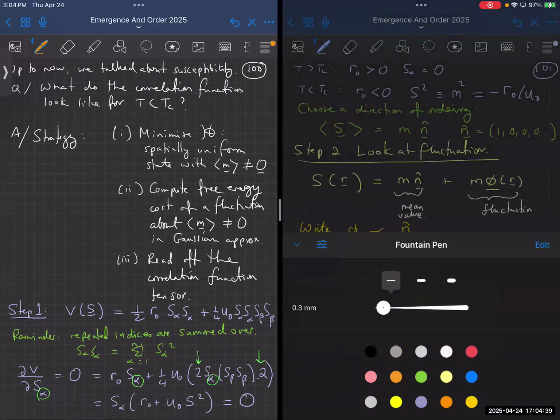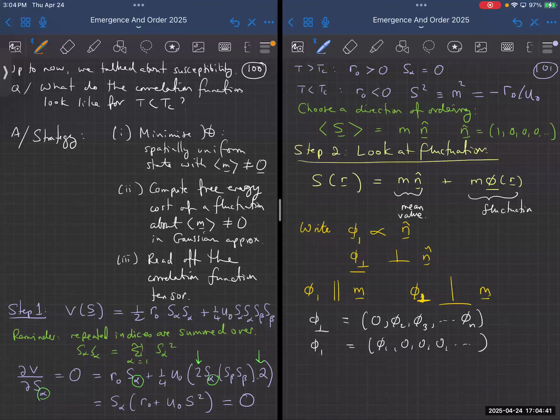Then the next step is to actually calculate V of S. Sorry, not V of S yet, I'll get to V of S in a second. Let me just write down what S is. So S is M, that's the magnitude, and then it points in the direction of ordering, n.